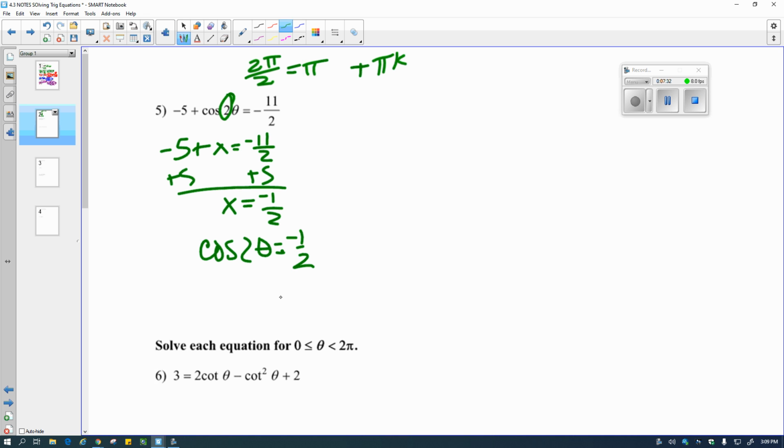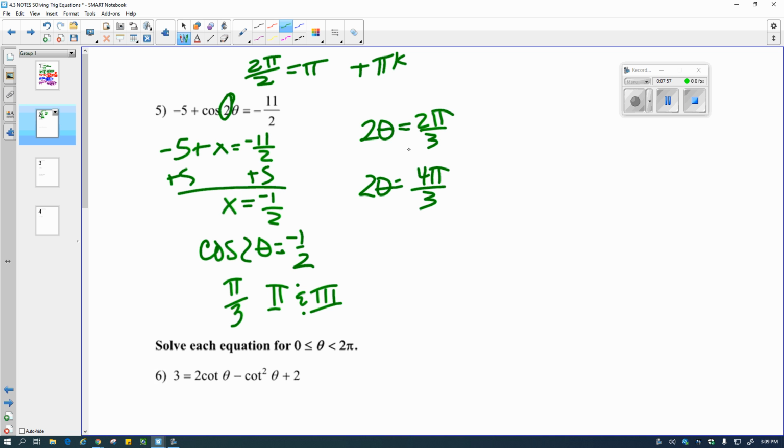The cosine equals negative 1/2 in the pi over 3 family, and it's negative in the second and the third quadrants. So when I set up my answer, it's not just theta, this is 2 theta. 2 theta equals the second quadrant, pi over 3 is 2 pi over 3, and the third quadrant, pi over 3 is 4 pi over 3.